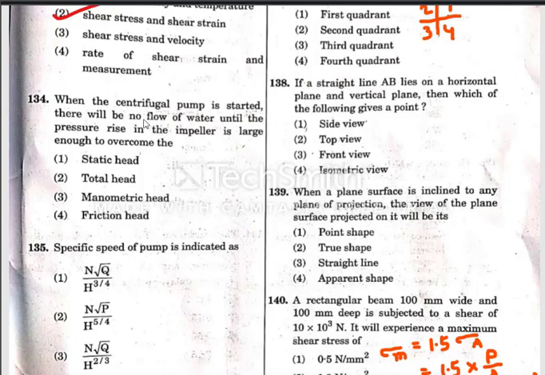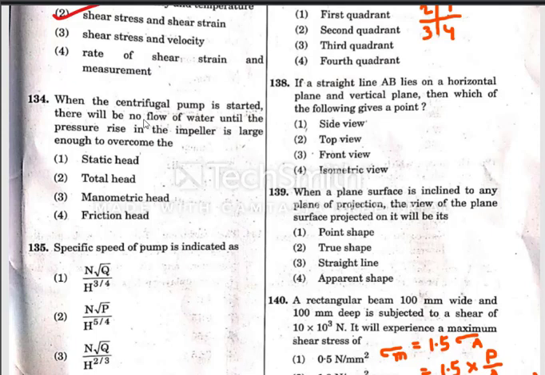So specific speed of pump is indicated as rotative speed of the impeller into square root of capacity divided by head power 3 by 4. So option 1, N root Q by H power 3 by 4, is the correct answer for this question.